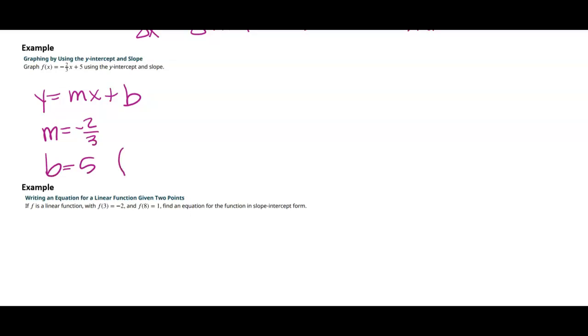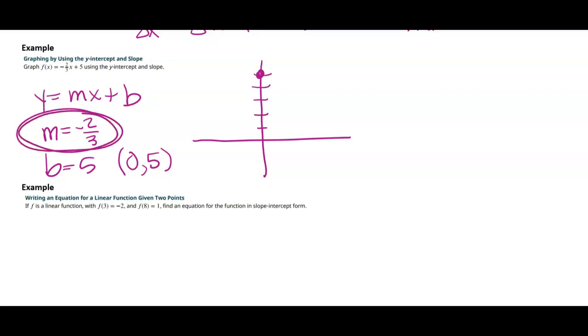Now remember, b of 5 means that when x equals 0, my output is 5. And then a slope of -2/3 means I go down 2 points in y for every 3 points of x. And to graph a line, all you need is 2 points. So once you have those 2 points, you are good to go.